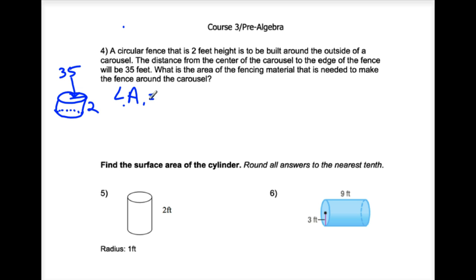Billy, what numbers are we going to multiply together here on this one? 2 and 35. Well, give me them all, please. 2 times 3.14 times 35 times 2. Okay? And what'd you get, Bill? Did you do it?